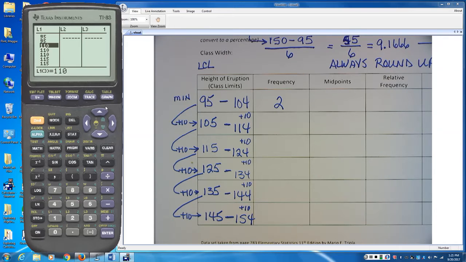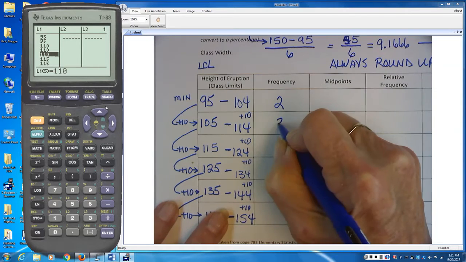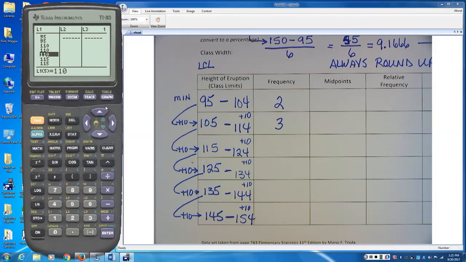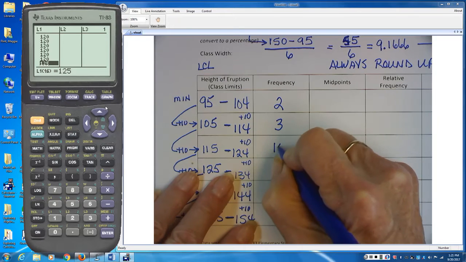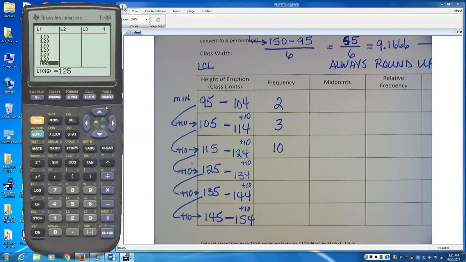For the 105 to 114, I see 1, 2, 3, and the next one's 115, so that's too big, so there's 3 that go in that one. And then for 115 through 124, I see 1, 2, 3, 4, 5, 6, 7, 8, 9, 10. 125 is too big, so there's 10. So then starting at 125 and going to 134, I've got 1, 2, 3, 4, 5, 6, 7, 8, 9, 10, 11, 12, and then 136 is too big.